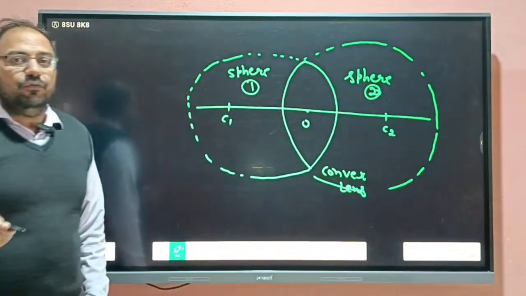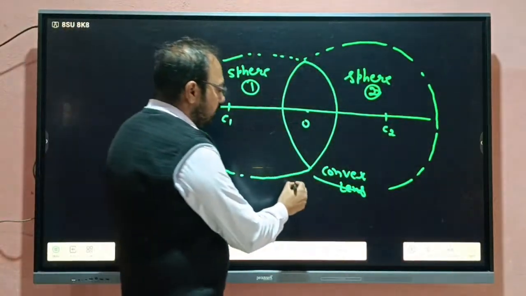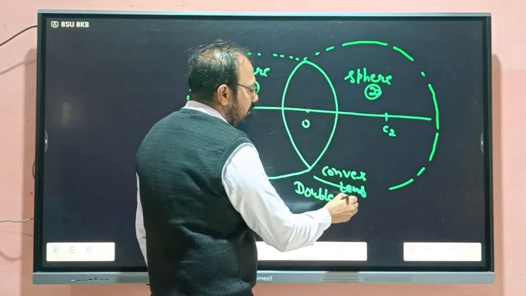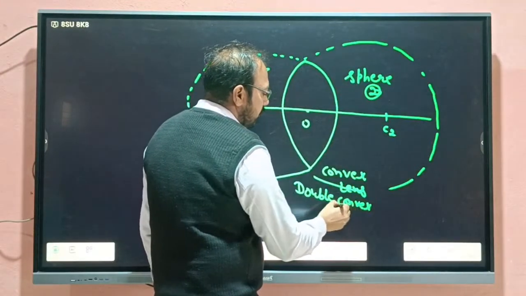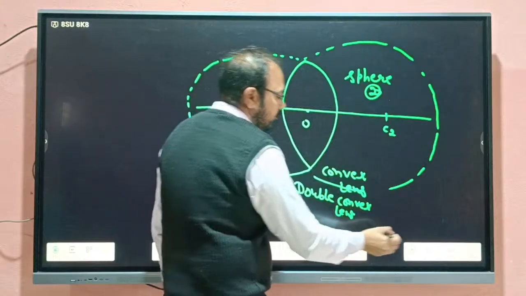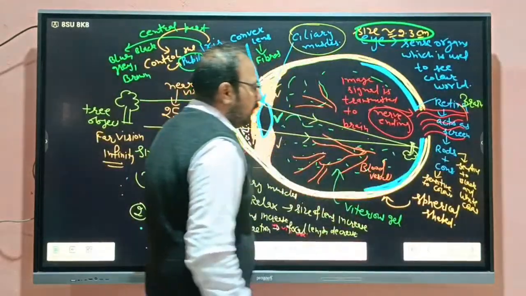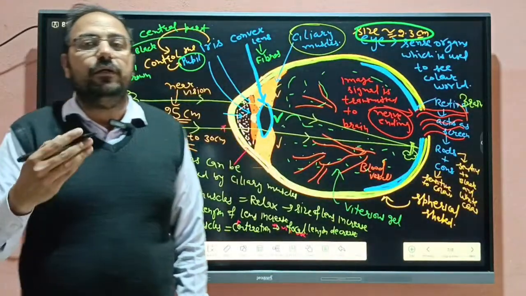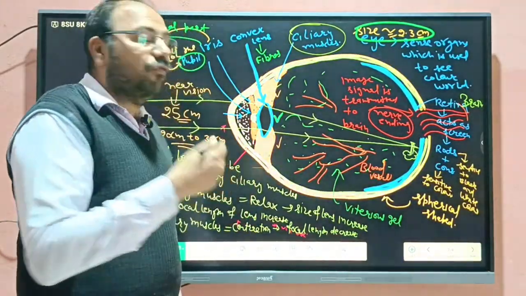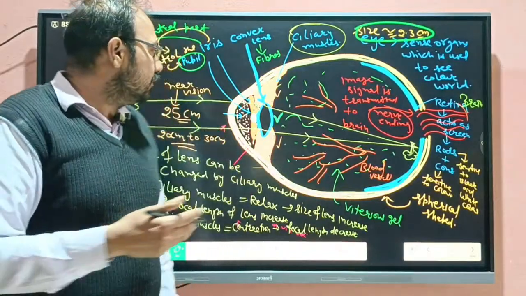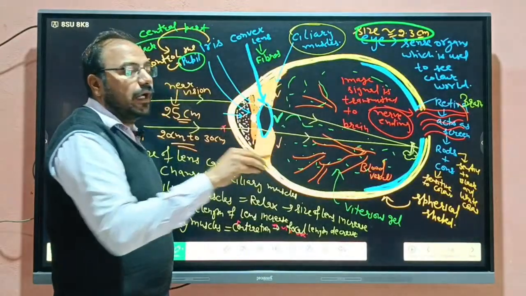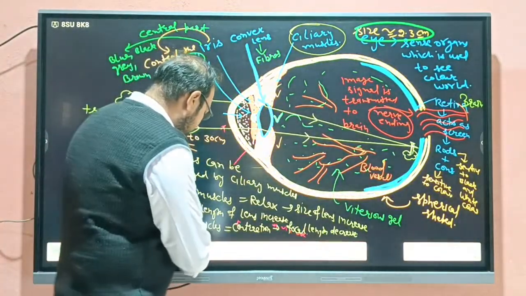So that is why we call this a double convex lens. Basically, this double convex lens is made of fibers and transparent materials, and helps to focus the light on the retina.